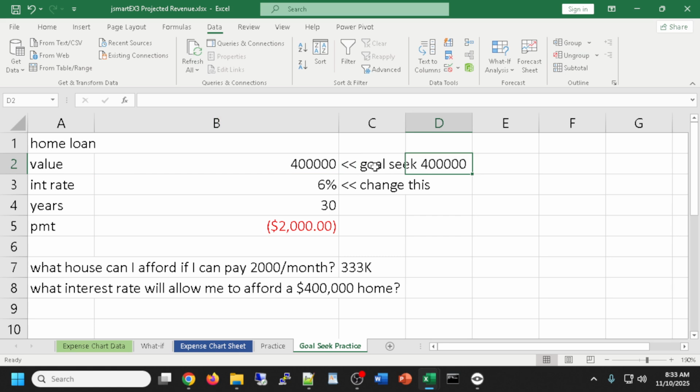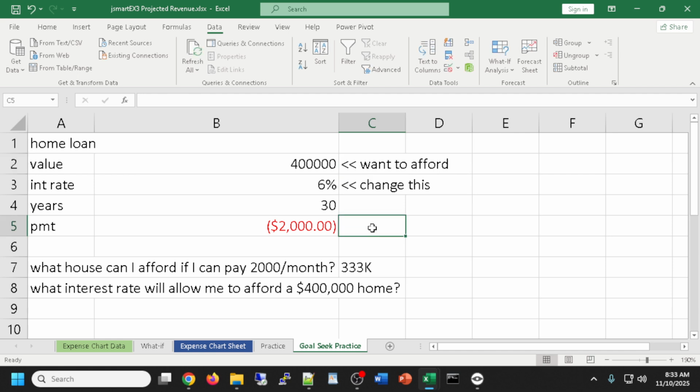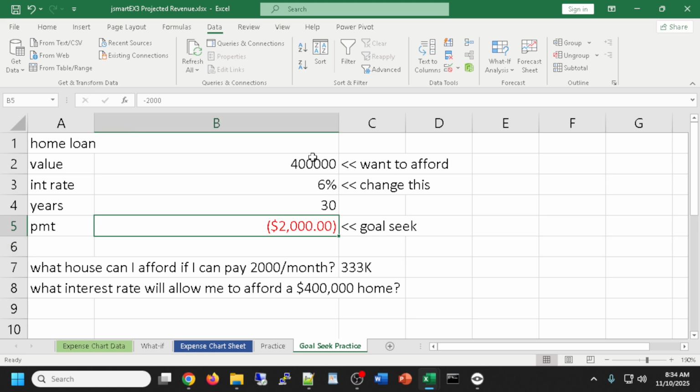This is what I want to afford. This is the one I want to change. I still want to make sure that I only goal seek this monthly payment. So goal seek $200,000 given I want to afford a $400,000 home.